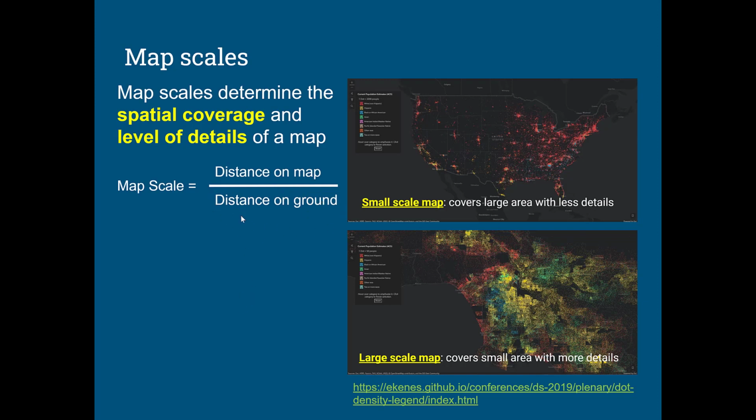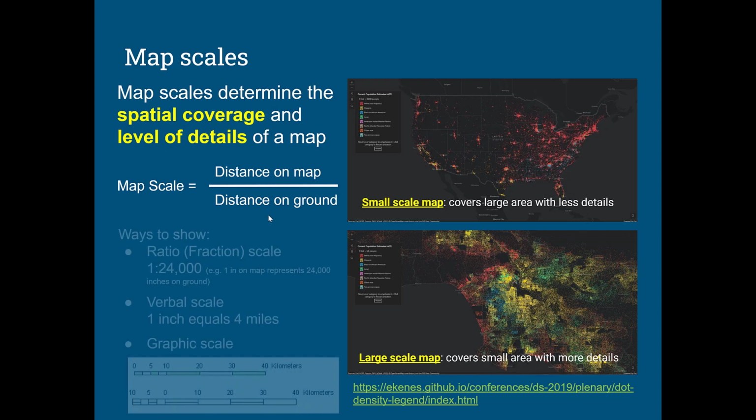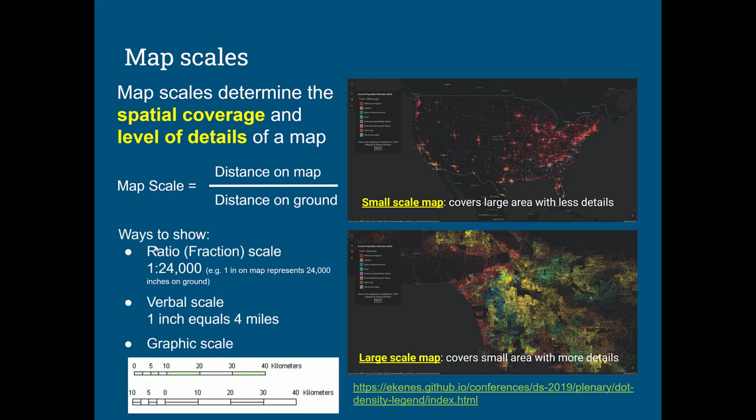But when you do this calculation, this is actually the ratio, which means you need to convert the distance on the ground from miles, from kilometers, to the unit you're using with your ruler, like inches, centimeters. So that is why you always see this ratio is very weird. But actually it's very simple.